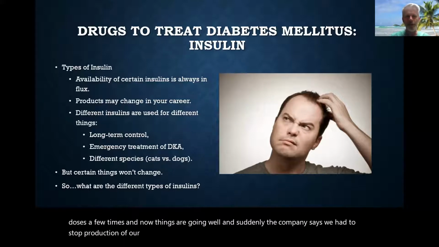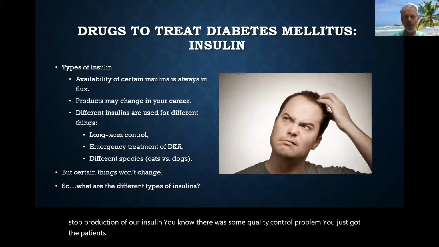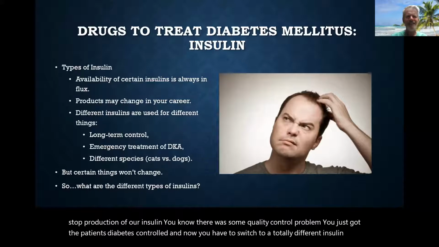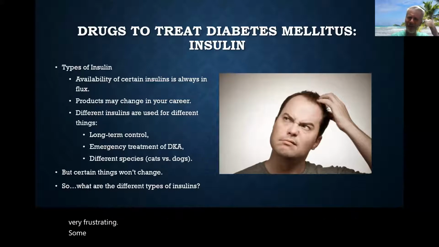There was some quality control problem." You just got the patient's diabetes controlled, and now you have to switch to a totally different insulin. So it's very frustrating. Some different products will come and go.